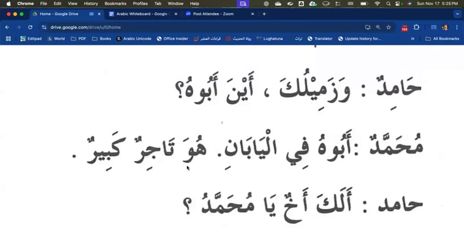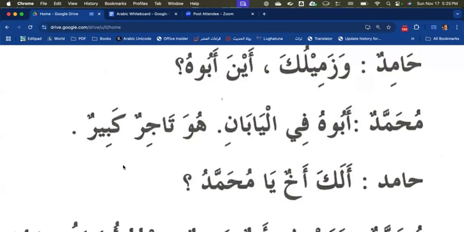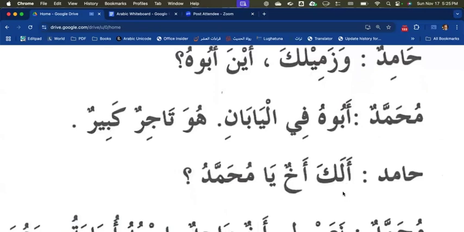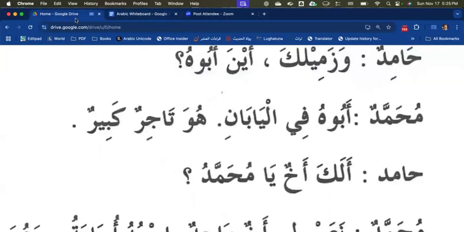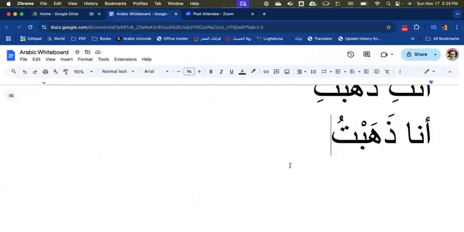Yeah, he is a big merchant. Huwa tajirun kabir. He's a big merchant, right? Great. There are too many concepts, so I have to take pauses. Okay.